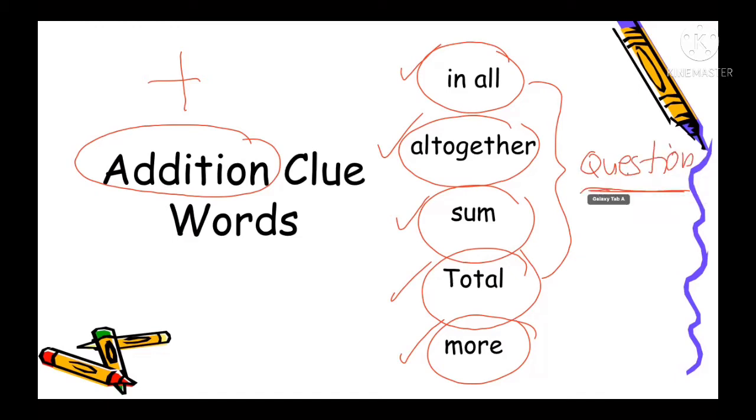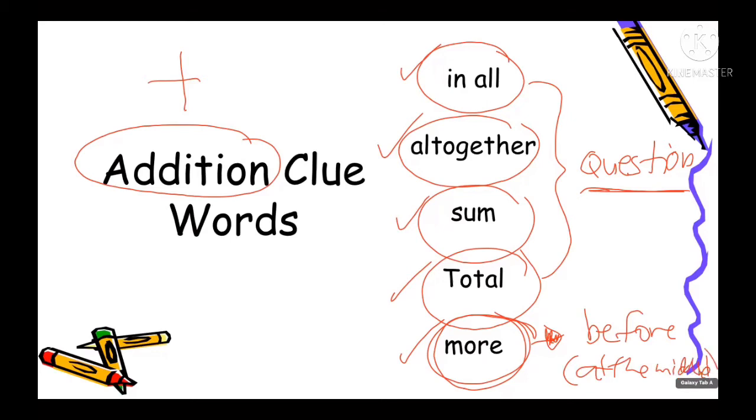All right, but this word "more," you will see this one not in the question. You will see this one maybe before the question, or at the middle of the statement or the problem, but you will not see that one in the question.